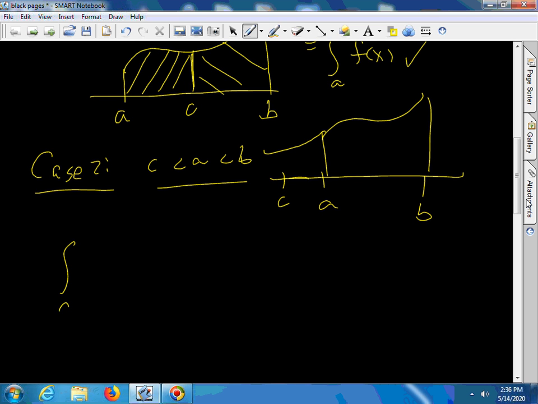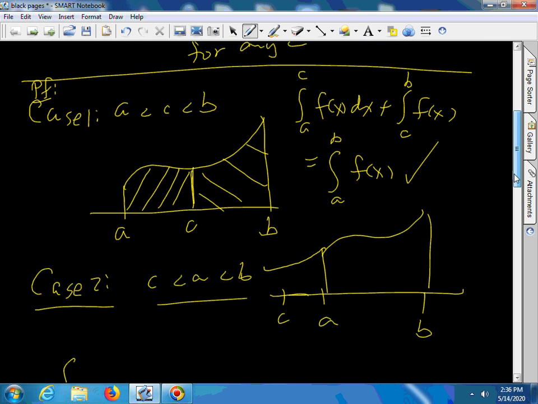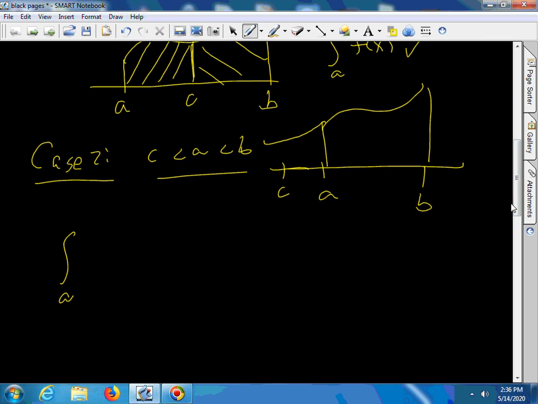So the integral from A to C of f of x dx plus the integral from C to B of f of x dx.